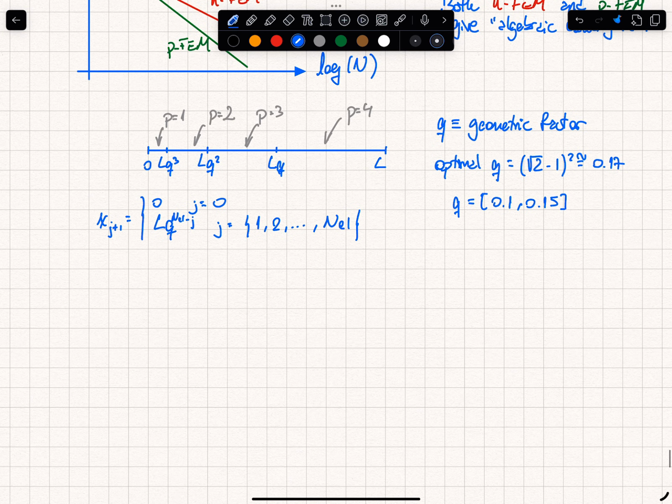This is the so-called hp extension, and the hp extension, as you already know, is going to improve the approximation, and it allows you to recover again an exponential rate of convergence.